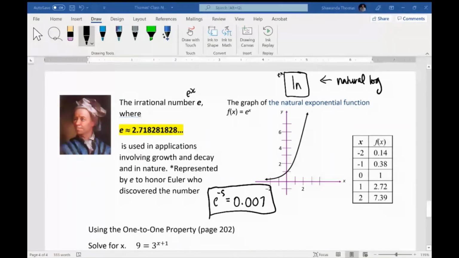Let's see how many people put a 3 in. Dr. Thomas, I see the little e button on my calculator, but when I put in -5, I didn't get that. Does it have an e to the x on it?